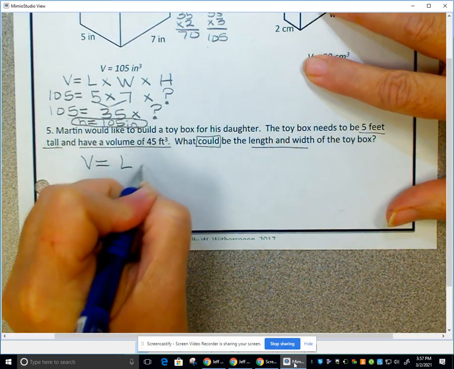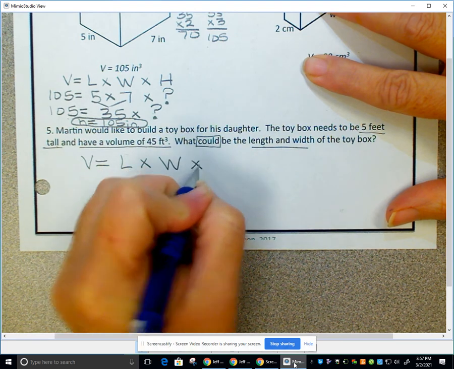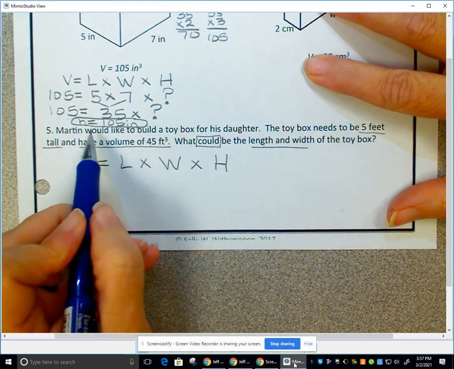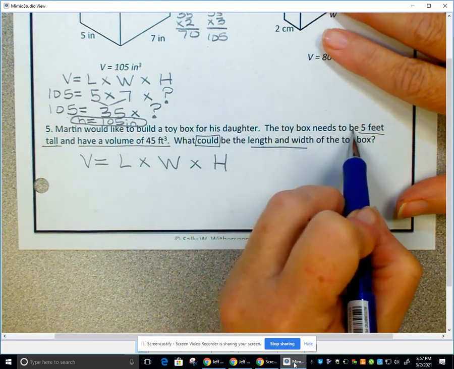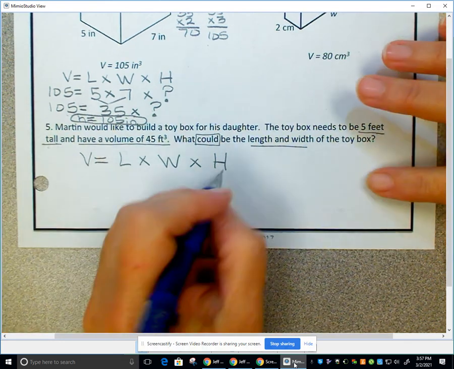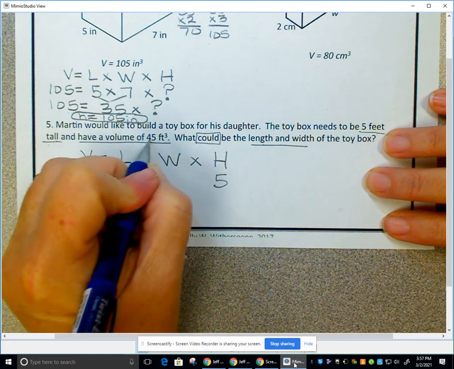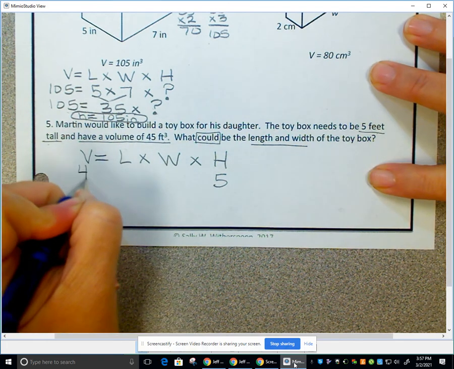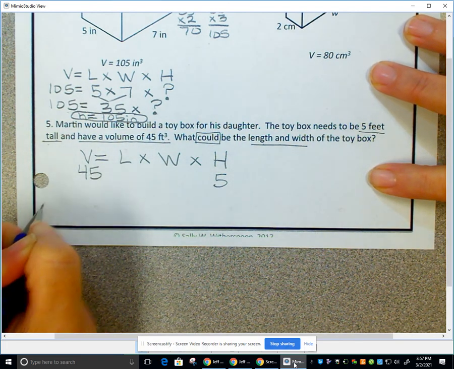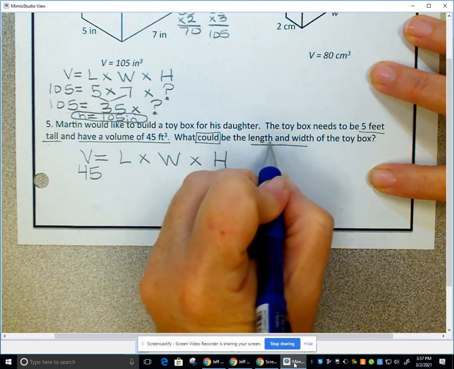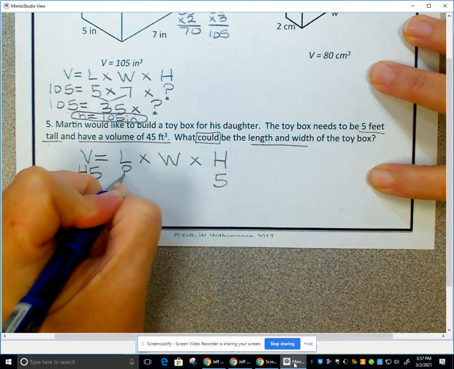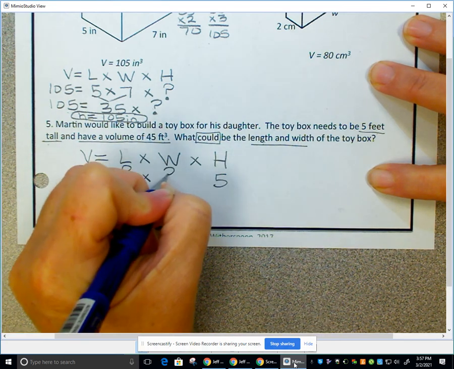Volume equals length times width times height. The toy box needs to be 5 feet tall. So on height, I'll put a 5. And have a volume of 45. So this needs to be 45. What could be the length and the width? So the length we don't know, and the width we don't know.